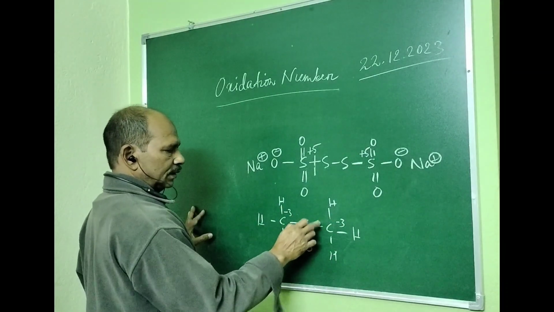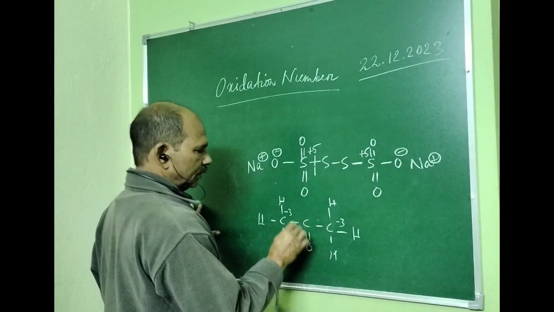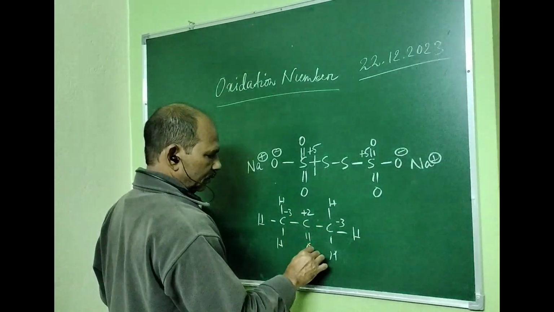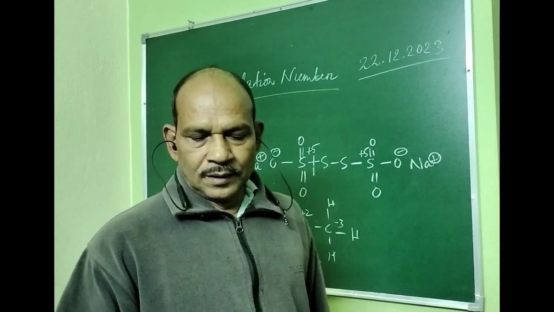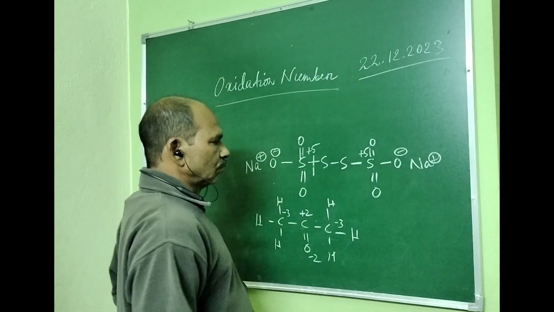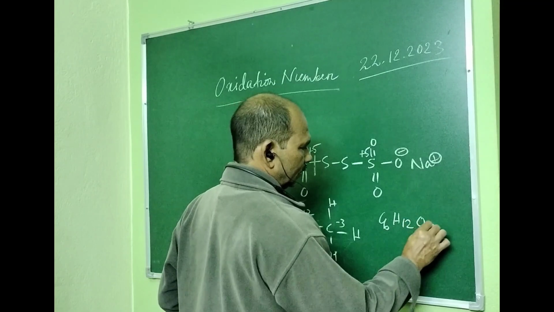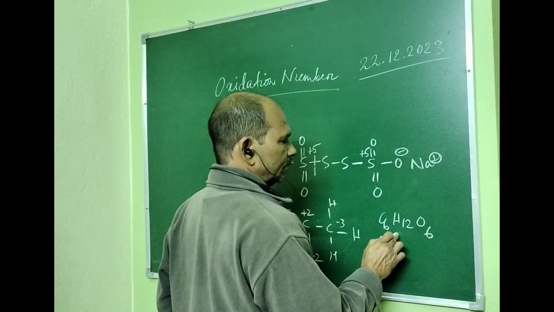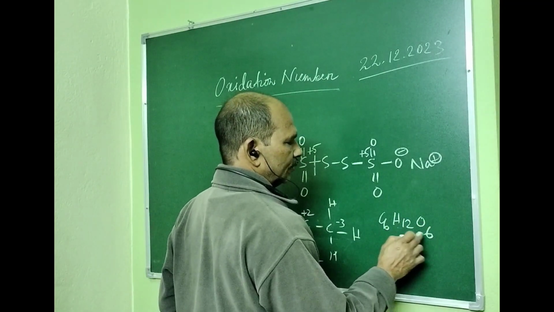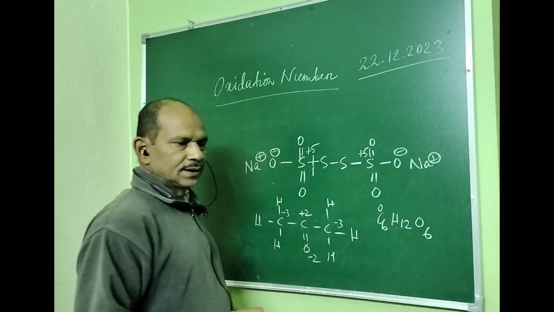And this carbon, these won't contribute anything to each other. So this carbon is in plus 2 because oxygen is minus 2. In some cases, the oxidation number may be 0. Suppose glucose C6H12O6. Hydrogen is plus 1, so plus 12, minus 12. Carbon is in 0 oxidation state.